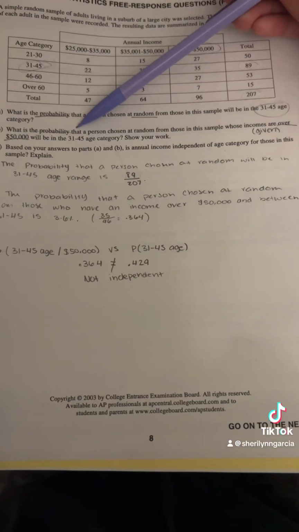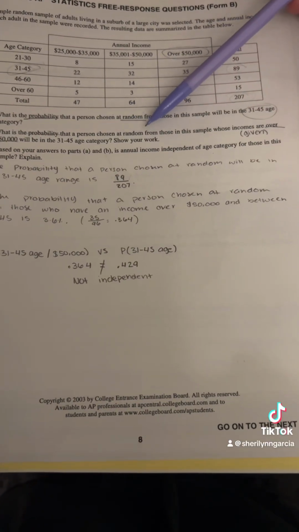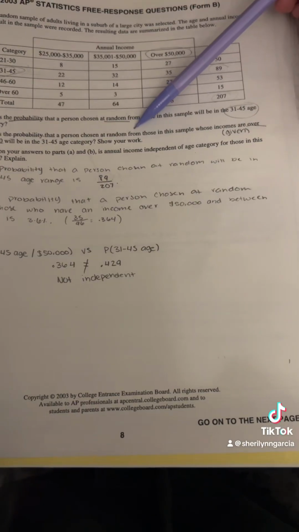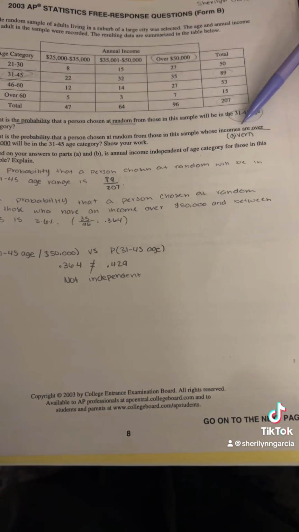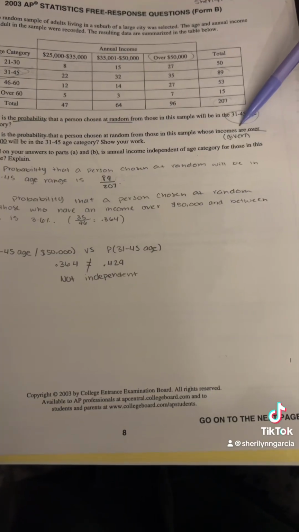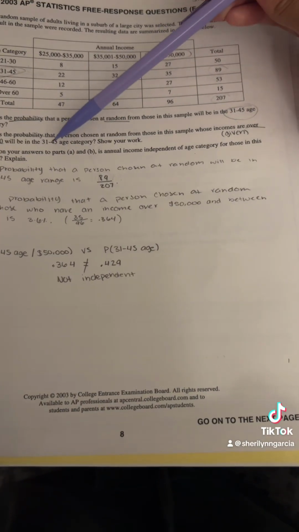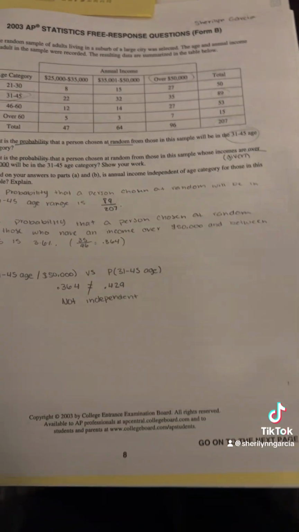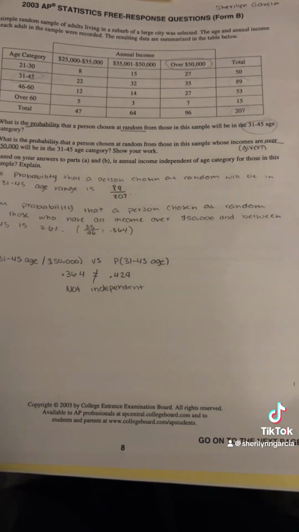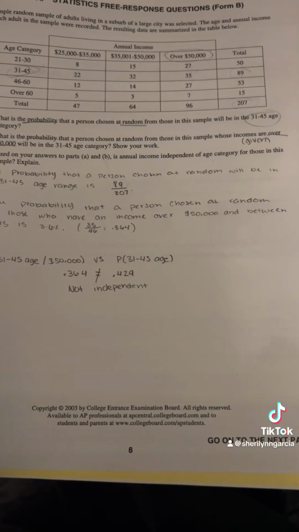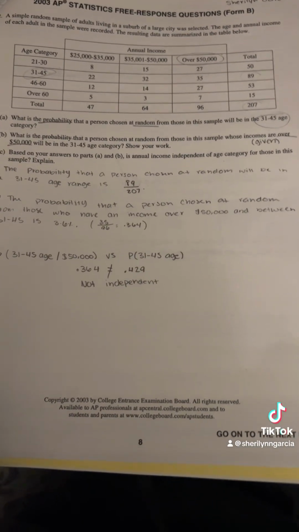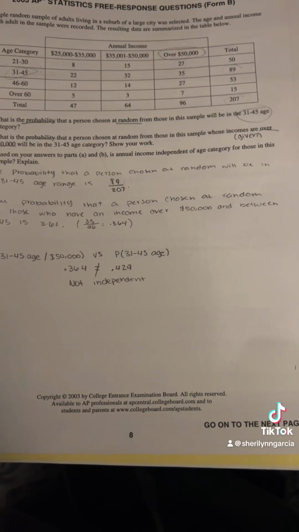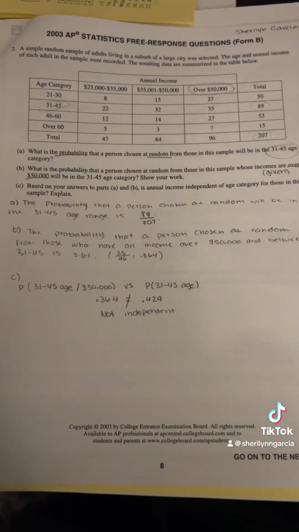It says, what is the probability that a person chosen at random from those in the sample whose incomes are over 50,000 will be in the 31 to 45 age category? Okay, so this one's a little harder. You kind of have to think about it a little bit. It doesn't say the word given, and sometimes they won't tell you given because they don't want to make it that easy for you.